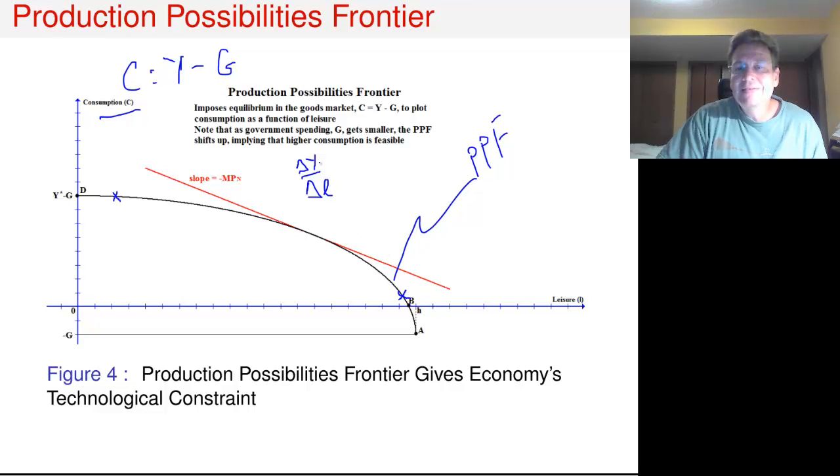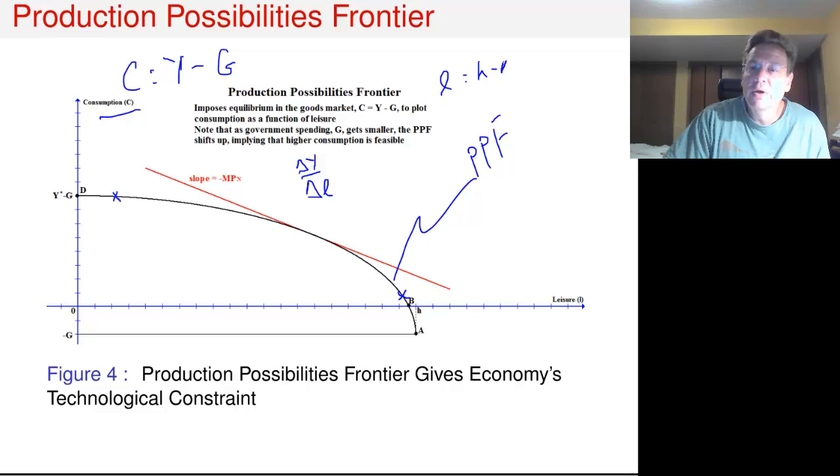Well, this is not quite a marginal product of labor, is it? And the reason it's not is because leisure is equal to the total number of hours that you have minus the number of hours you spend working. So what that tells you is that a change in leisure is synonymous to a negative change in hours worked.